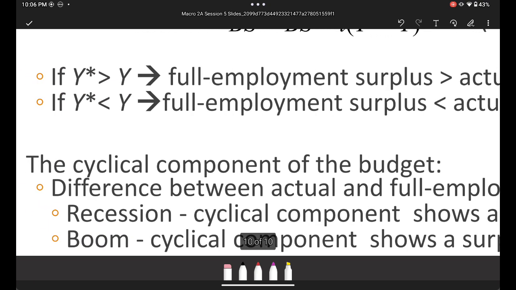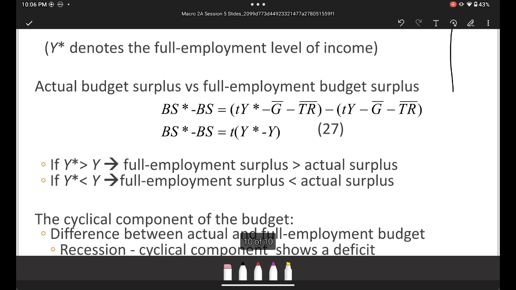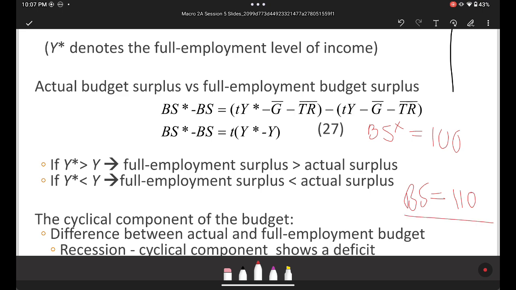The cyclical component of the budget is basically the difference between the budget you've got now versus the potential budget. So if you're in equilibrium and your budget surplus in equilibrium is 100, but your budget surplus now is 110.